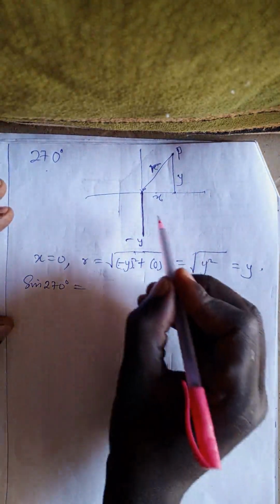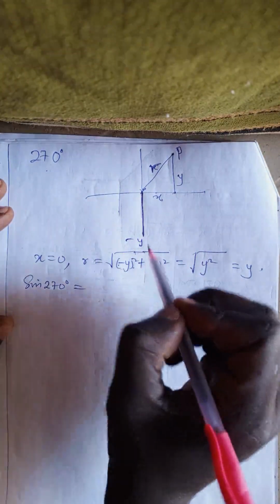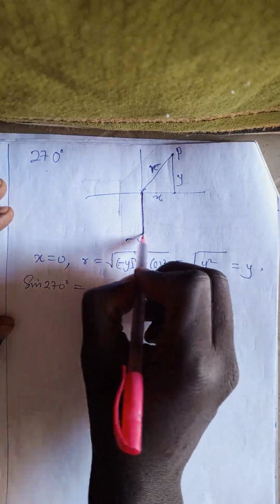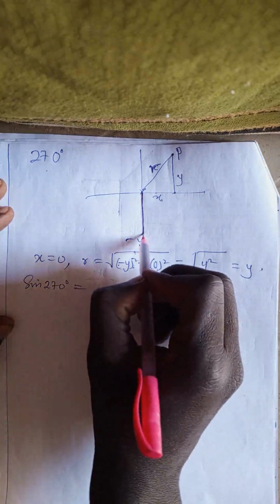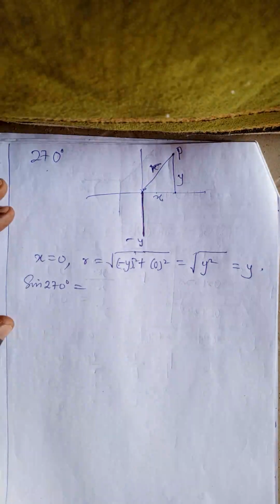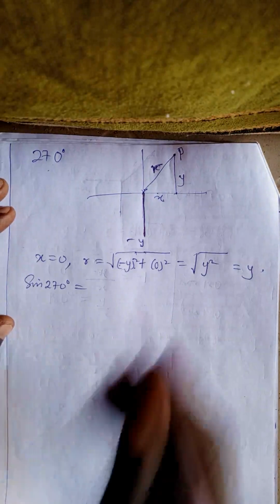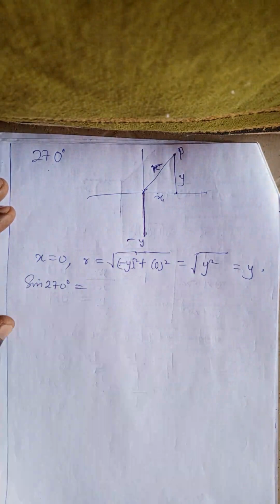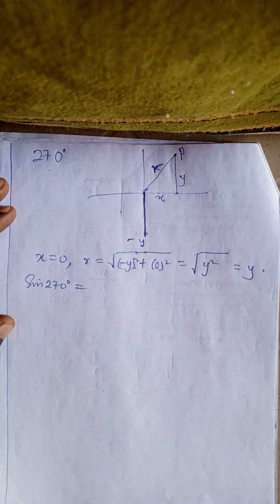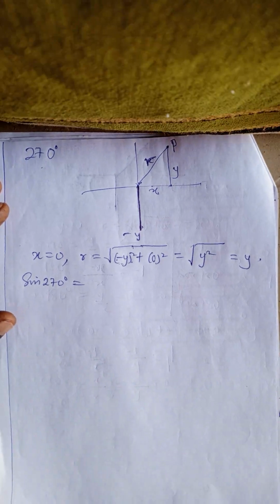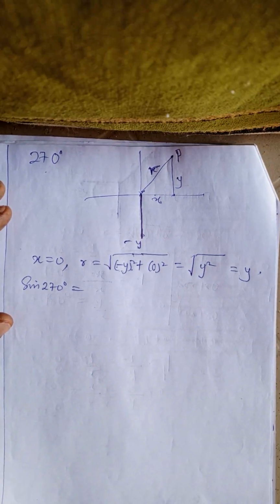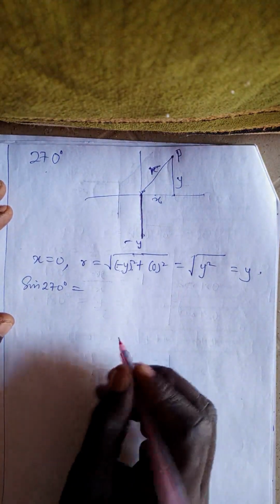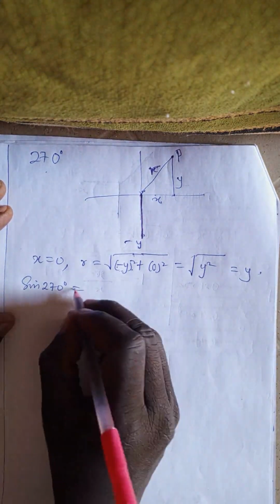Now, students should always take note that in 270 degrees, y is always negative, just like when we were dealing with the 180 degrees, where x was always negative. Here x is equal to 0, so it doesn't matter whether positive or negative. 0 is still 0, a non-negative integer. Whether you attach negative to it or positive to it, it does not change any meaning. 0 is the same thing as 0.